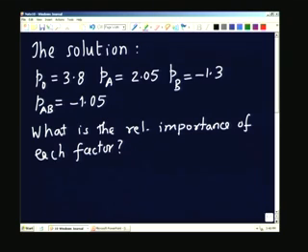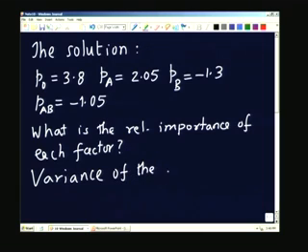So, I can use the variance with respect to the mean as a measure of this effect. I will tell you how to calculate the variance of the sample. It will be calculated as, I will call it sy squared, the sample variance.